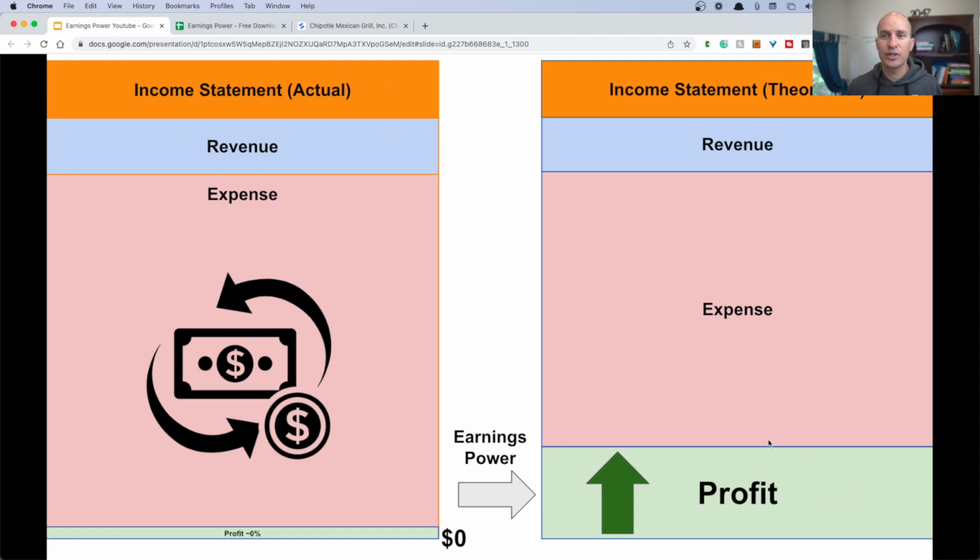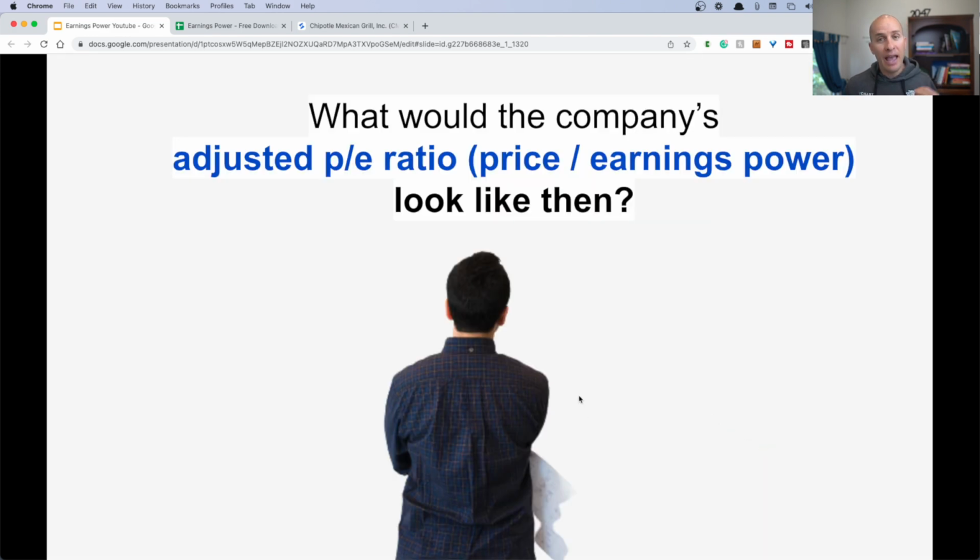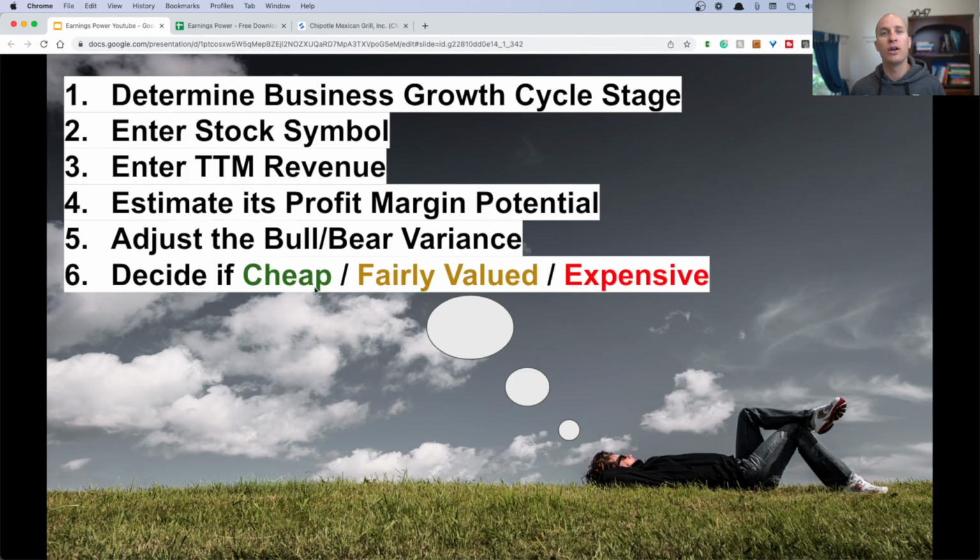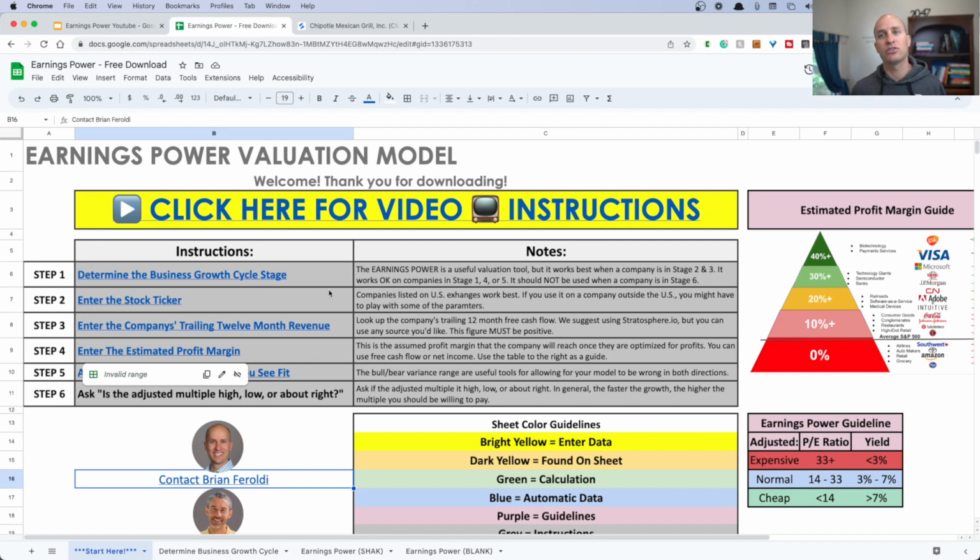The question you're answering is, how much profit could the company generate today if management shifted its expense control to focus on profitability? And then, once you have that theoretical profit number in place, you're asking yourself, well, what would the company's PE ratio, or price to free cash flow ratio, look like today if earnings and free cash flow were the focus? So the tool I'm going to show you goes through simply 6 steps to figure that out, and it's very useful for figuring out the value of companies in certain stages.